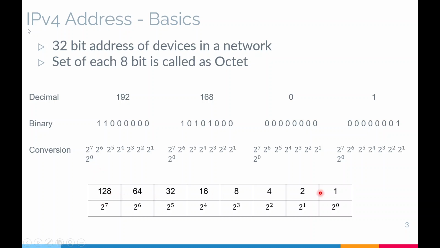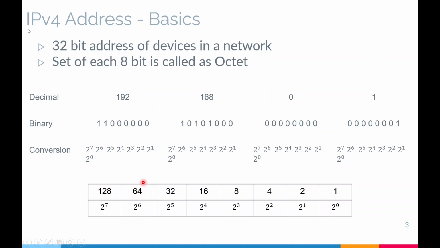Now let's search for 64 in this table. Do we have 64? Yes. So we can subtract 64 from 64, which turns out to be 0. So we can again place 1 at the 6th position. So if we sum up these two values, 128 and 64, it turns out to be 192.